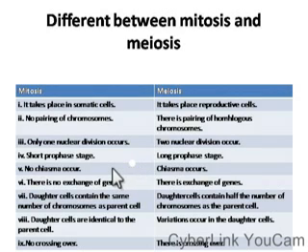Then there is a short prophase stage in mitosis. In the case of meiosis, there is a long prophase stage because we have early prophase 1, middle prophase 1, and late prophase 1. But in mitosis, we have only one prophase stage. Then no chiasmata in mitosis. Chiasmata occur in meiosis.